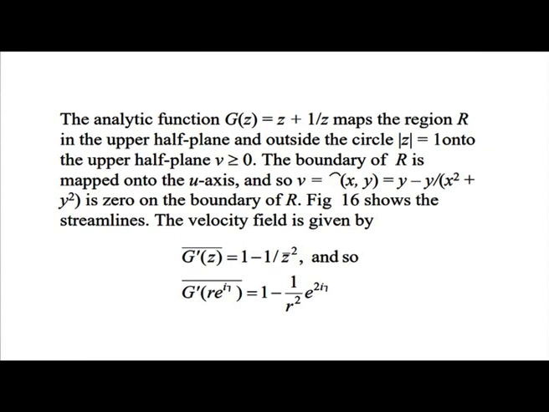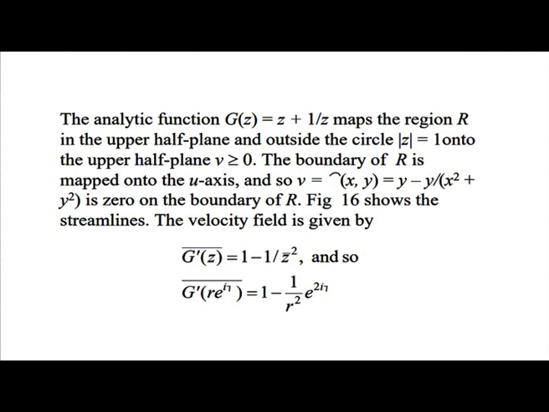The velocity field is given by the conjugate of g'(z), which is 1 - 1/z̄², and so the conjugate of g'(re^{iθ}) is equal to 1 - 1/(r²e^{2iθ}).